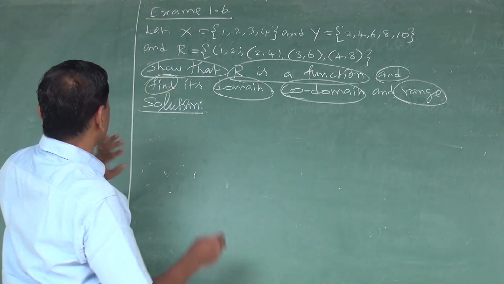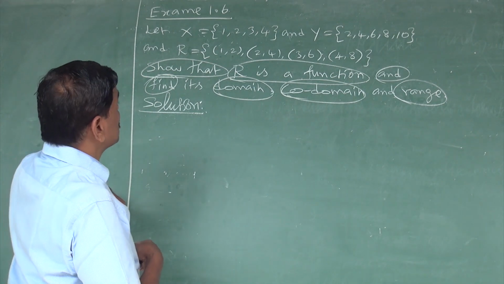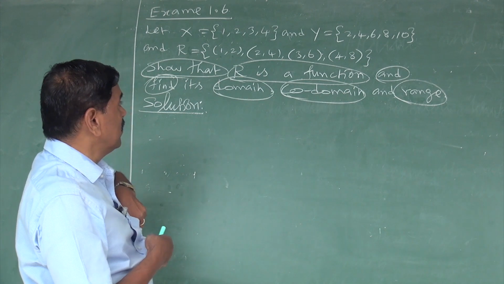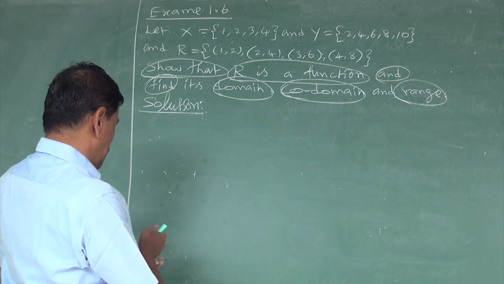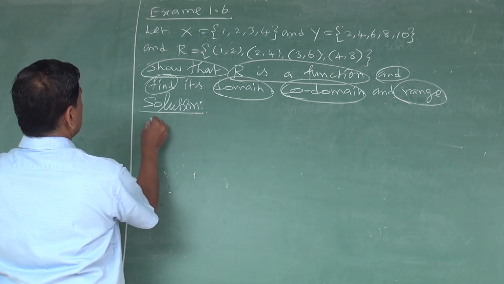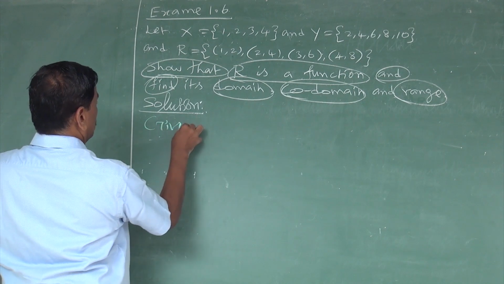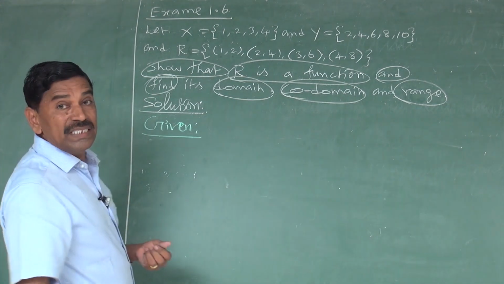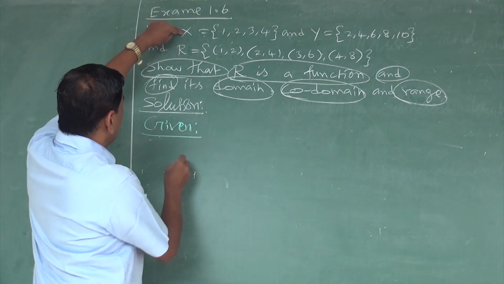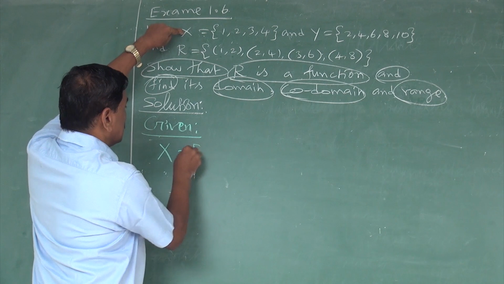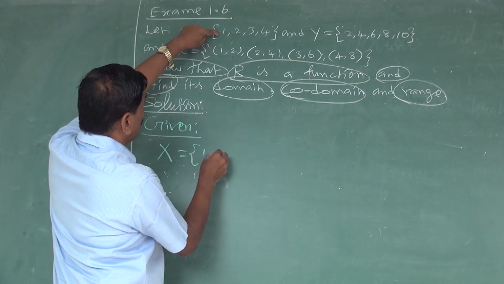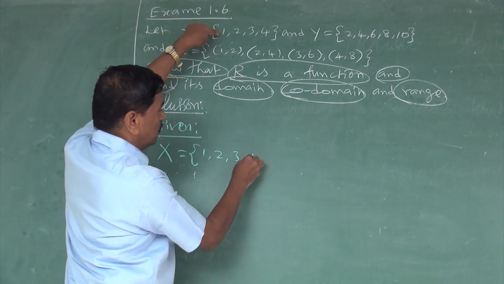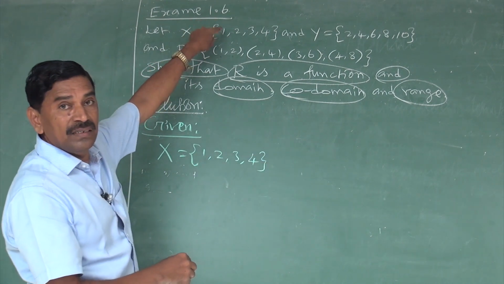First take the topics: given, to find, then solution. What is given? The set X is equal to {1, 2, 3, 4}.